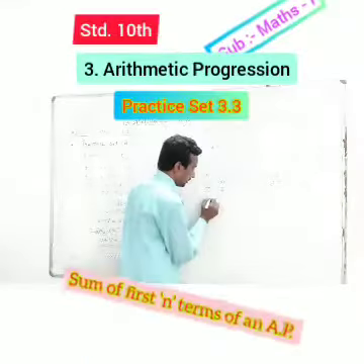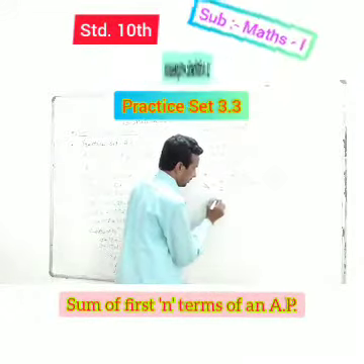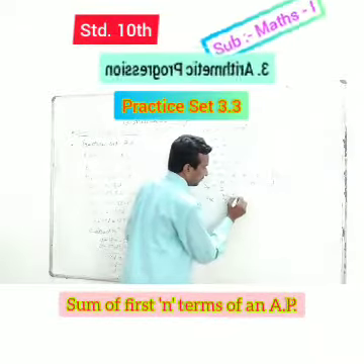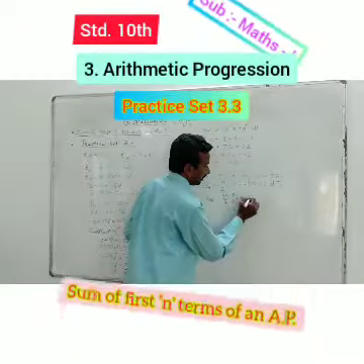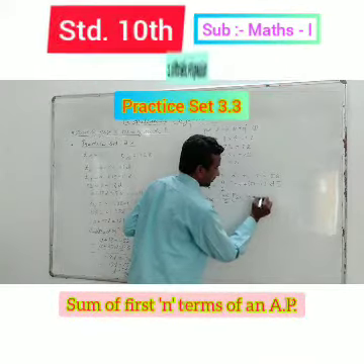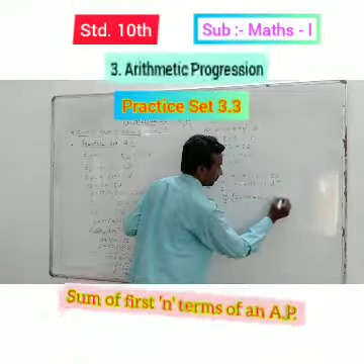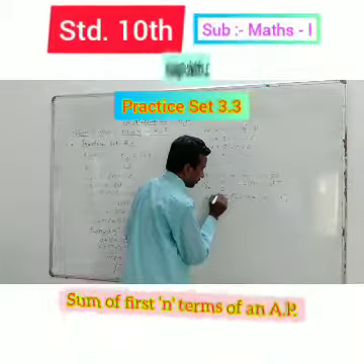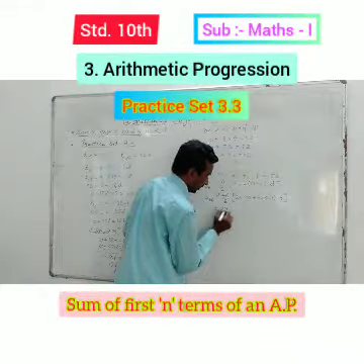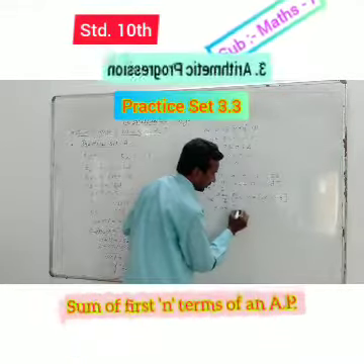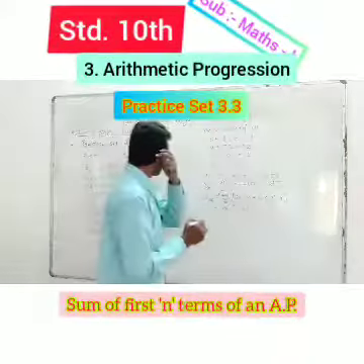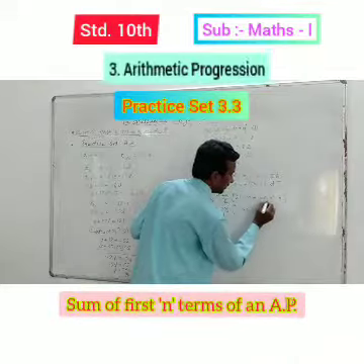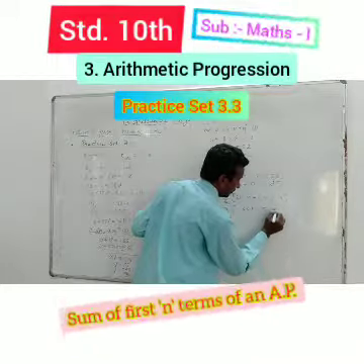The value of n is 56, therefore S56 is equal to 56 upon 2 into 2 into a, which is minus 20, plus n, which is 56, minus 1, into d, which is 4. 56 divided by 2 is 28, into minus 2 2s are minus 40, plus 56 minus 1 is 55 into 4.